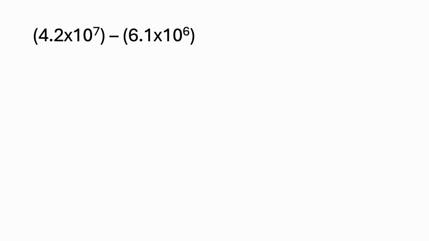So now we've got 4.2 times 10 to the power of 7 minus 6.1 times 10 to the power of 6. Similar thing, what we do, we're going to turn this power of 10 to the power of 6 to the power of 7. So 6.1 times 10 to the power of 6, okay?